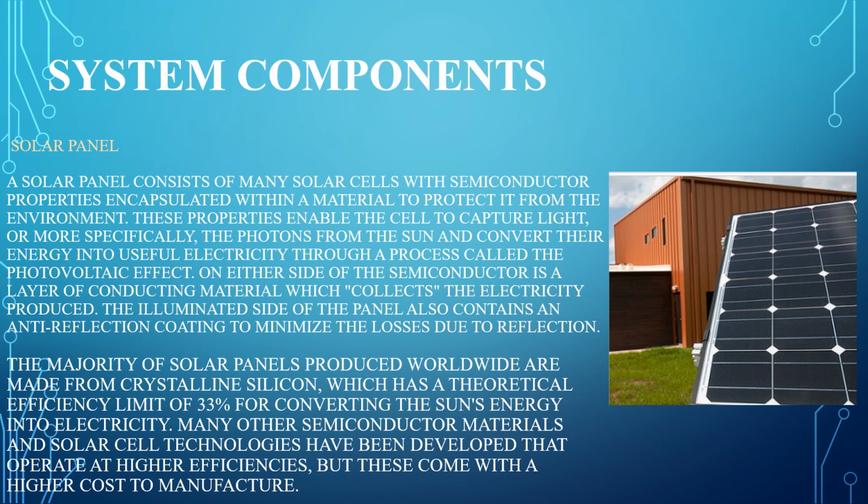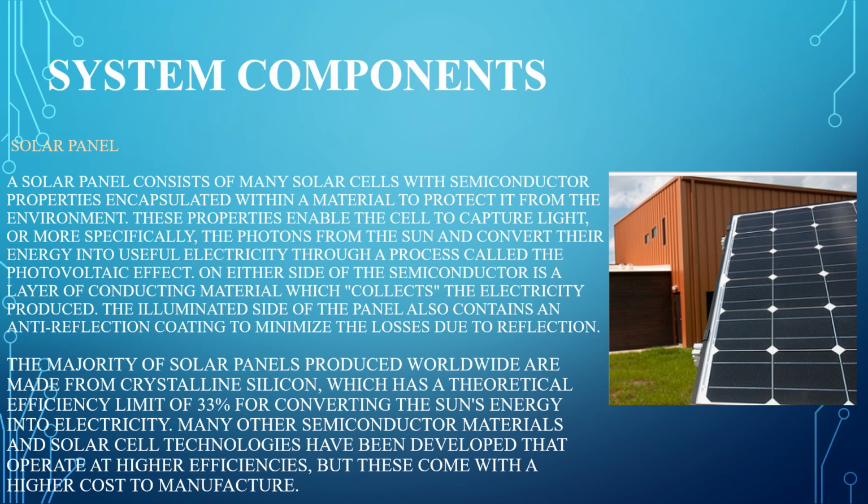And then coming to system components, this photovoltaic system consists of many components. The major components include the solar panel. A solar panel consists of many solar cells with semiconductor properties encapsulated within a material to protect it from the environment.